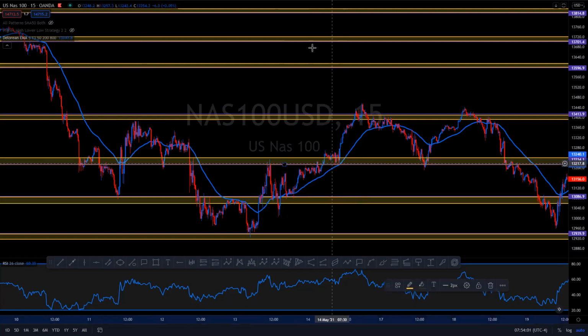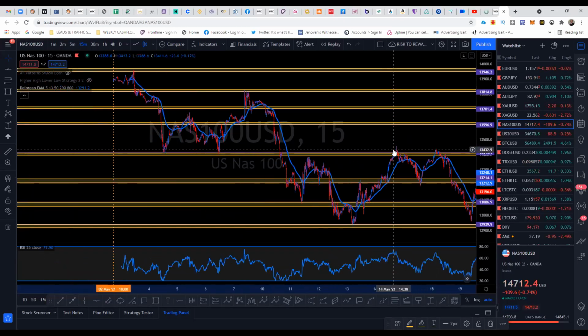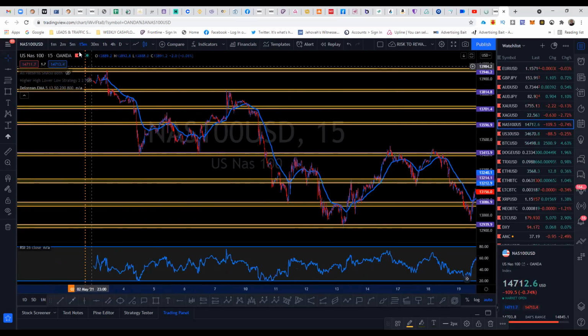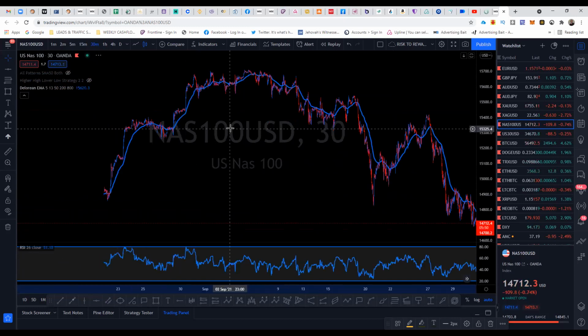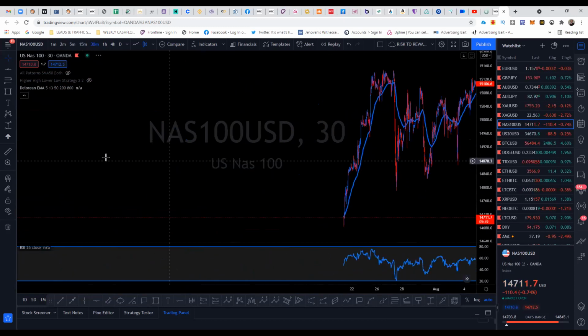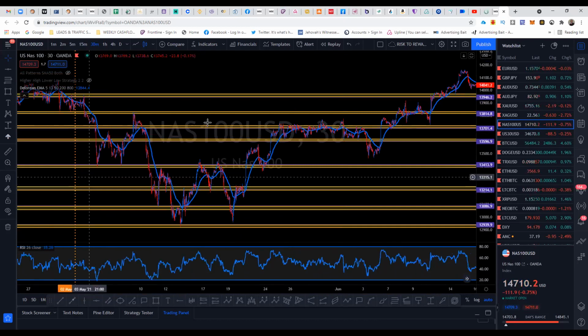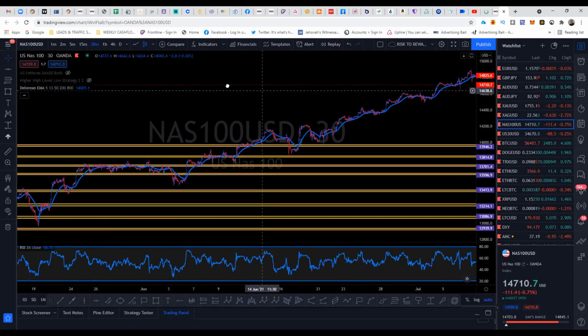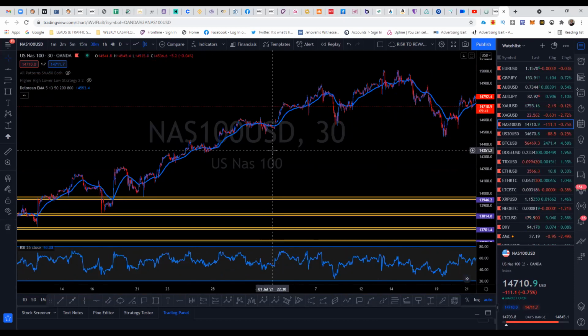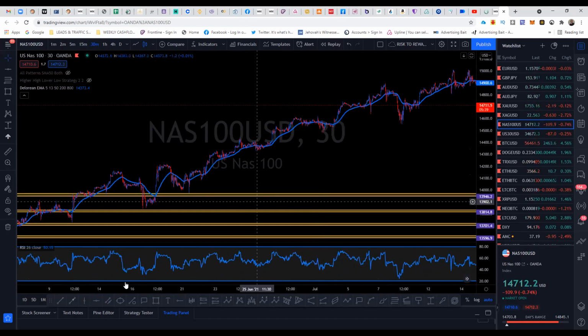So we've drawn all these zones so far in this time frame. So let's go to the 30 now. We'll go all the way back to where we drew. This is what we drew so far. There's the vertical line where we started. So now we're going to go up here.